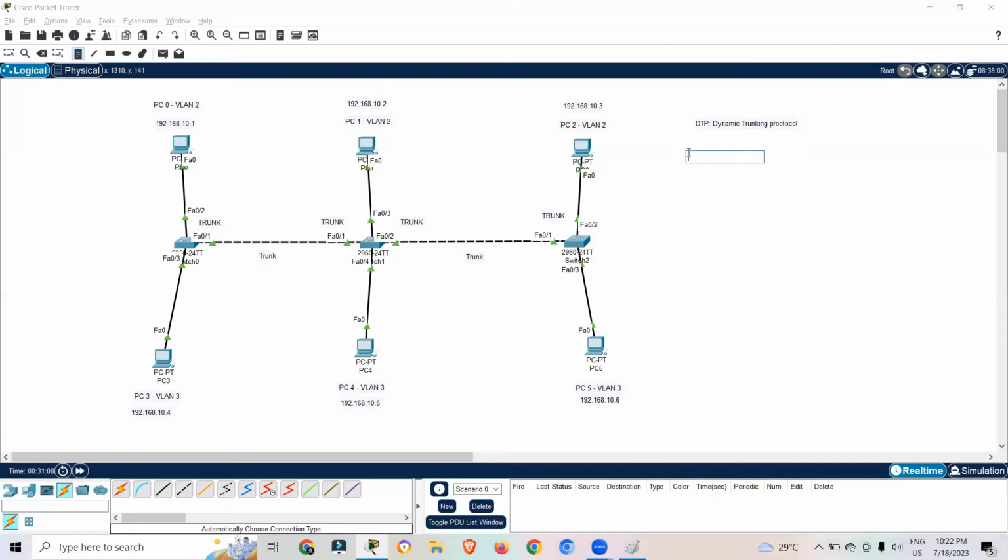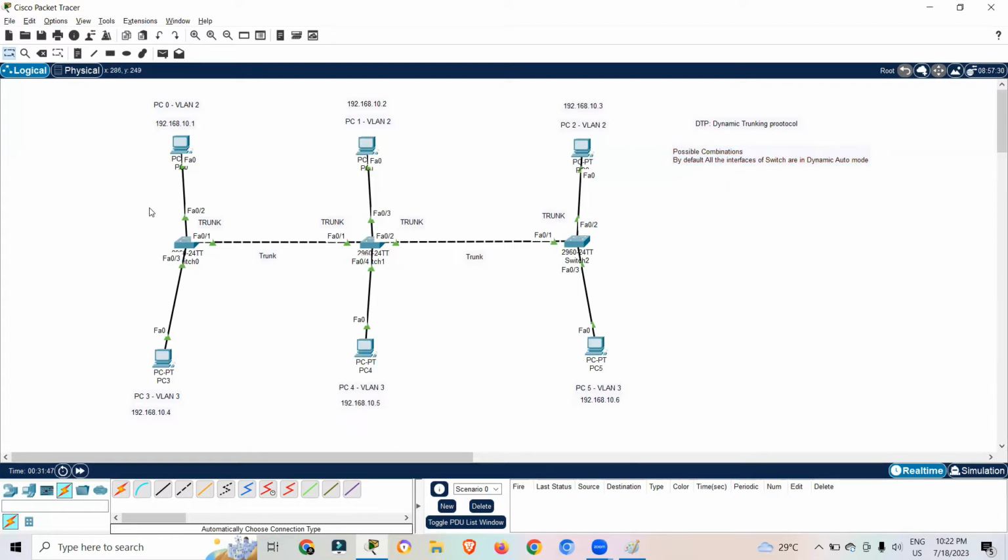It works on possible combinations. What possible combinations? By default, all the interfaces of a switch are in dynamic auto mode.